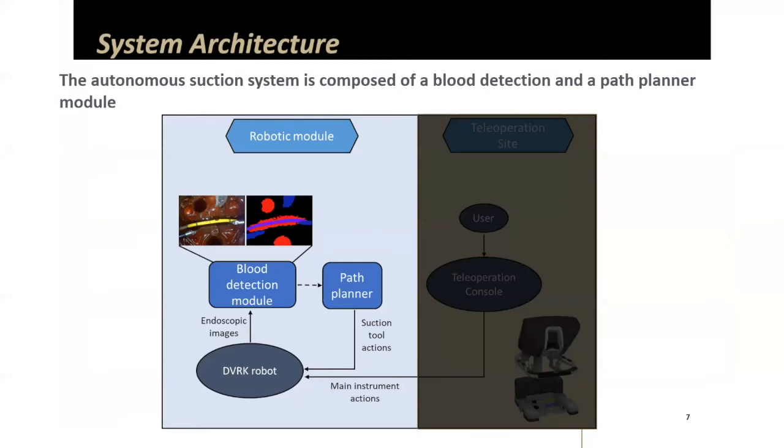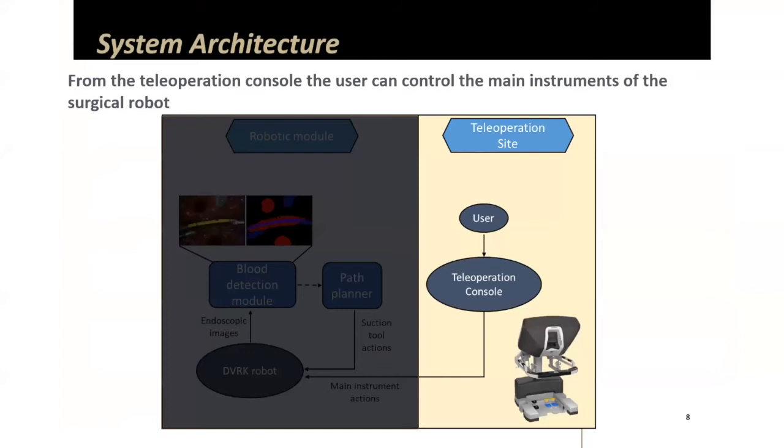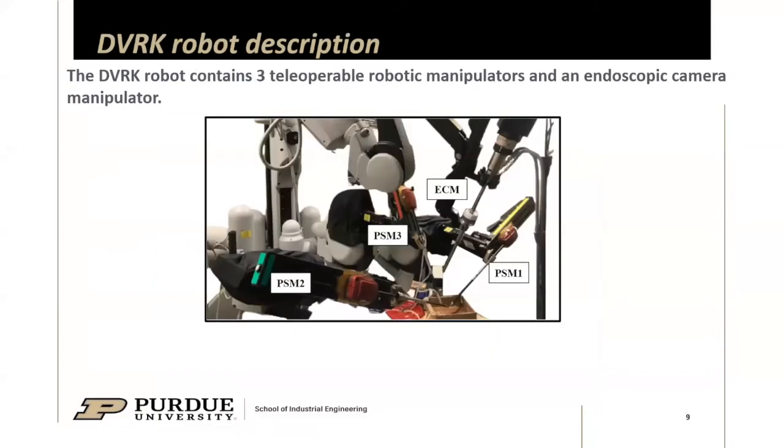We have the robotic or autonomous module, where the main building block is a computer vision system based on semantic segmentation networks. We have a very simple path planner to navigate the surgical field. And then we have a teleoperation side. It's basically like the surgical console where our user controls the main instruments to do a task, a training exercise.